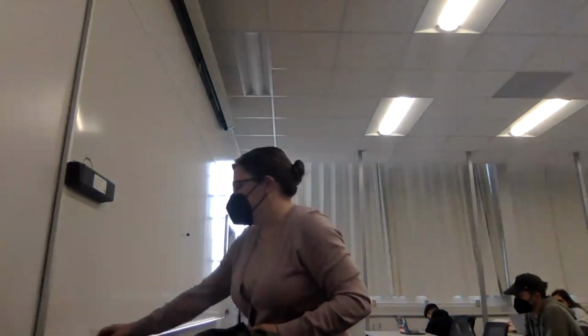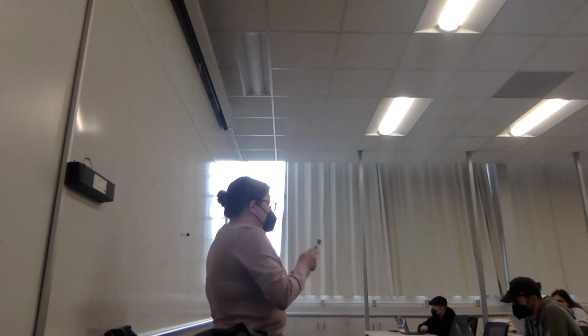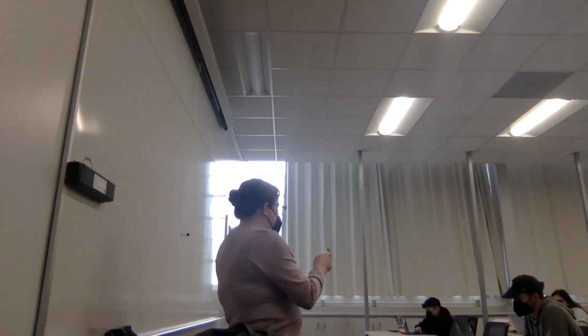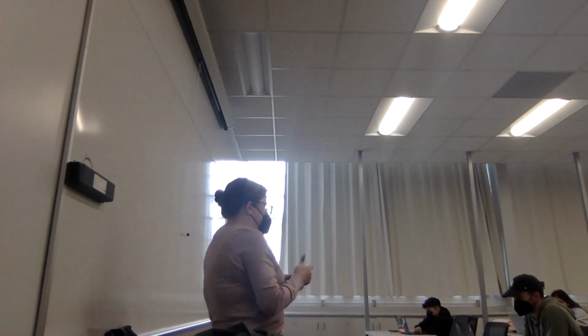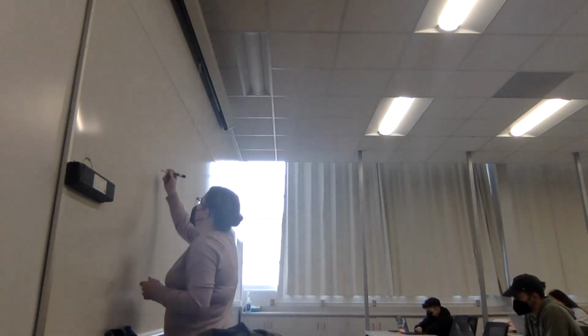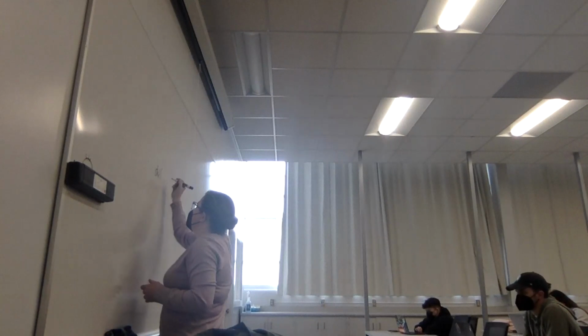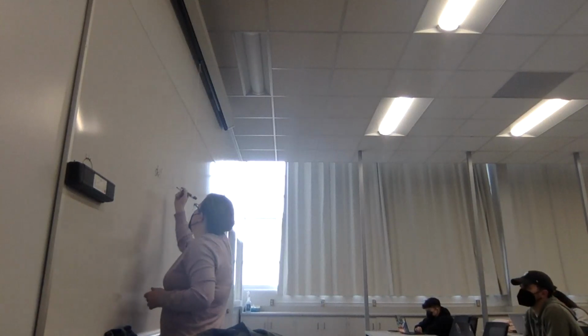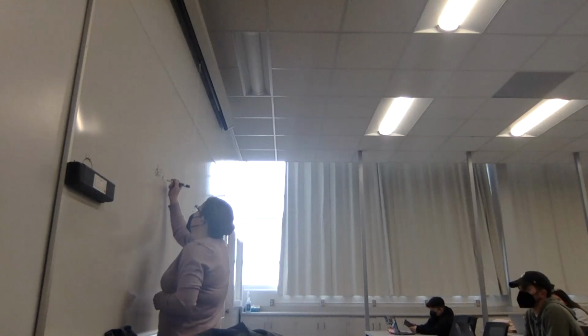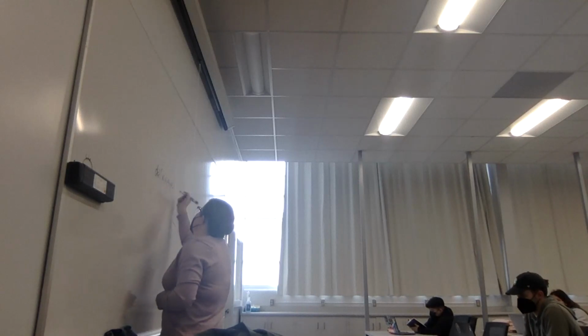So hopefully you remember how we detect a click inside of a circle. If you need review on this, there's a video in Canvas where I go over how to do that. Just for review, we have this function called dist, and it gives you the distance between 2 points in pixels. It takes an X and a Y for one point, and an X and a Y for the other point.